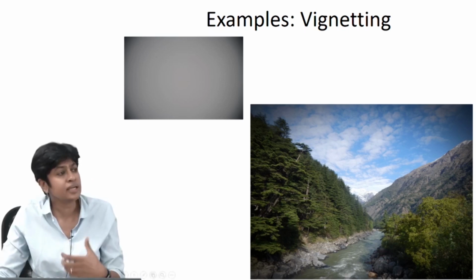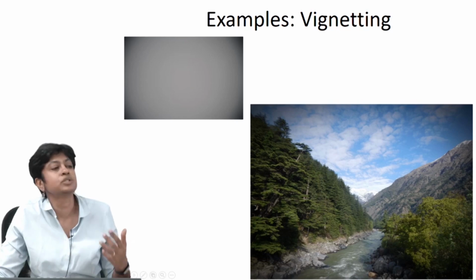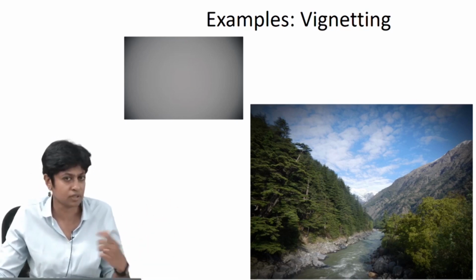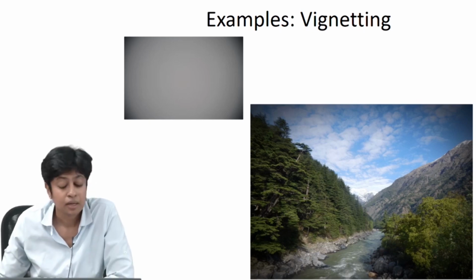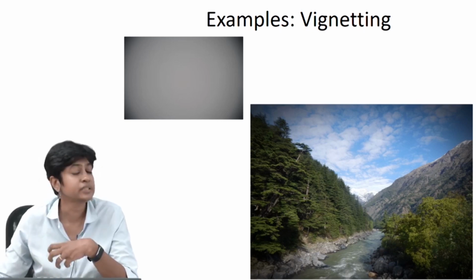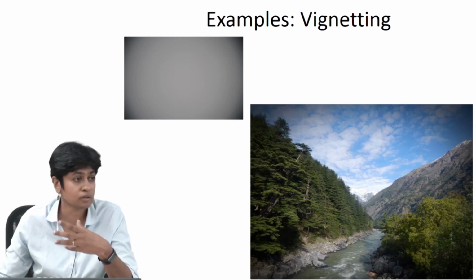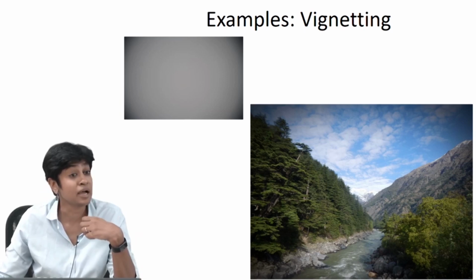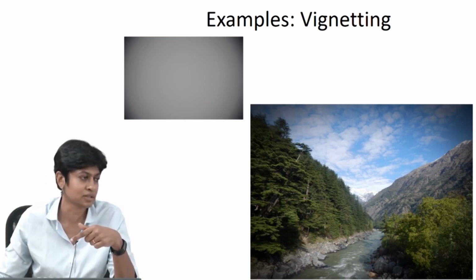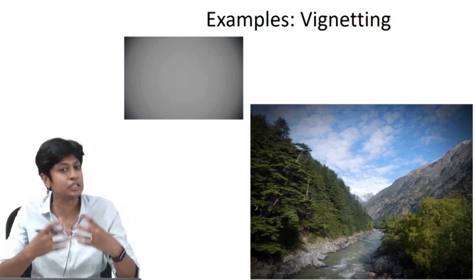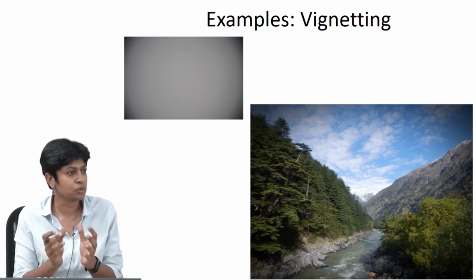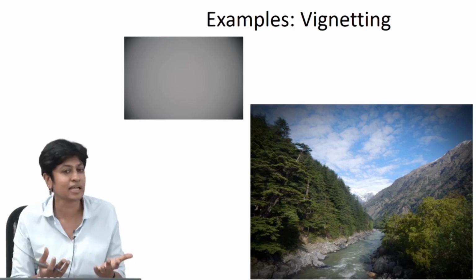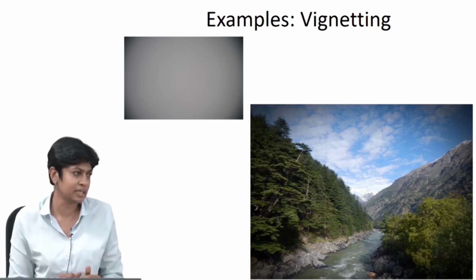Vignetting could be an issue if you are trying to image, say, some tissue or cell and make some diagnostic based on that image. But artists or people taking photographs to highlight some point may actually ensure there's vignetting in the system because they want to bring out the center of the photograph, they want to highlight that, and they will set the camera to enhance the vignetting effect.